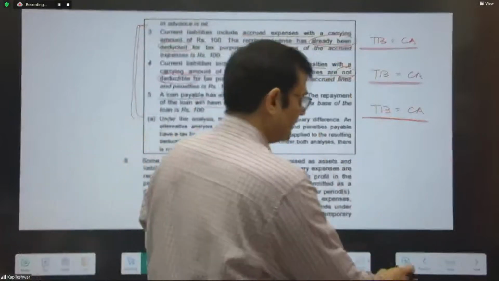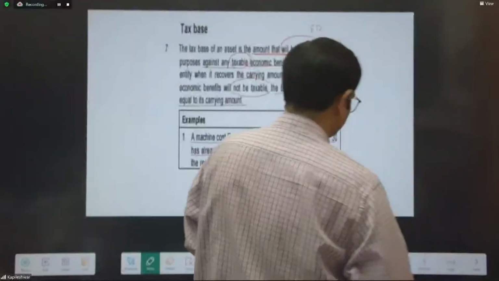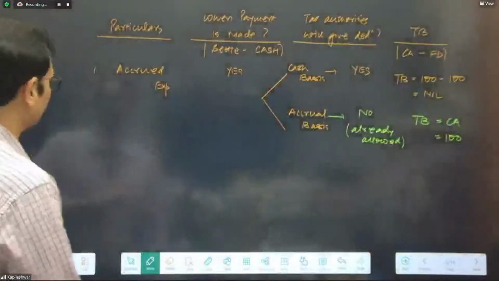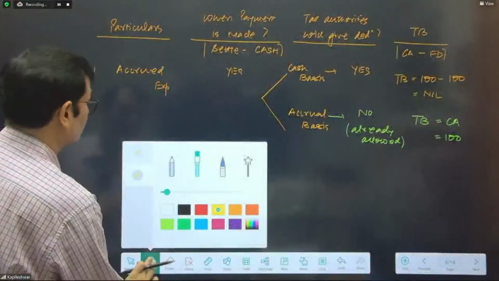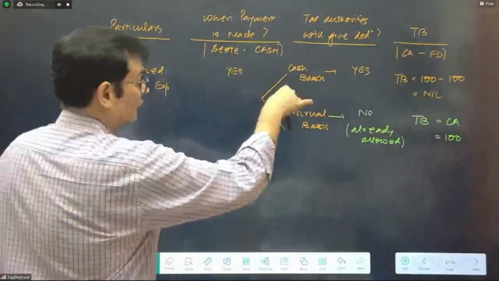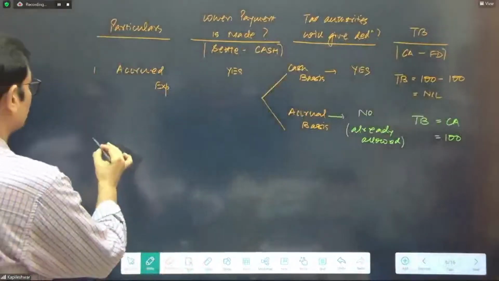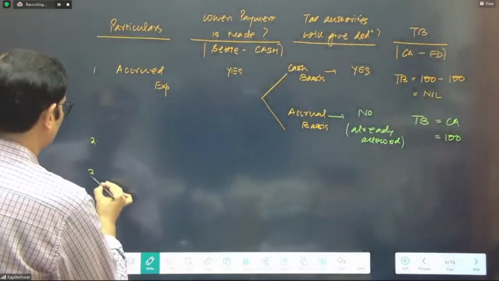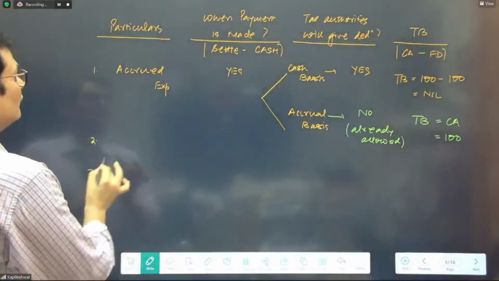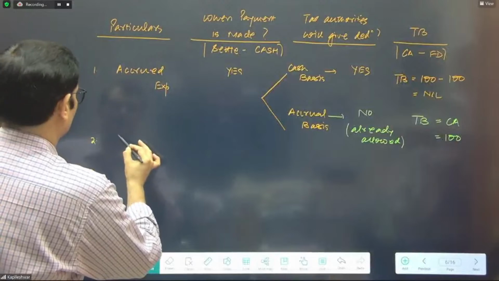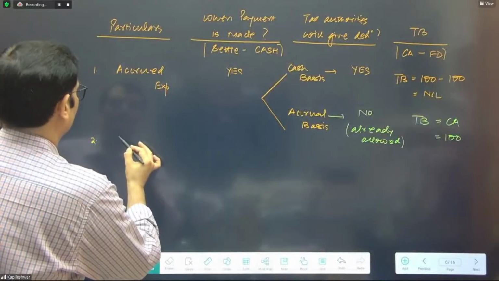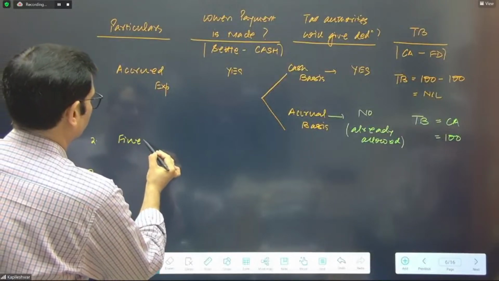Let's complete the list of examples here. Let's come back and fit it out here. So in this particular case, I can fit in two examples that have already fit in. So I just need to put in three examples, 2, 3, and 4. So I'm looking at, first of all, a case of, let's say, fines and penalties.